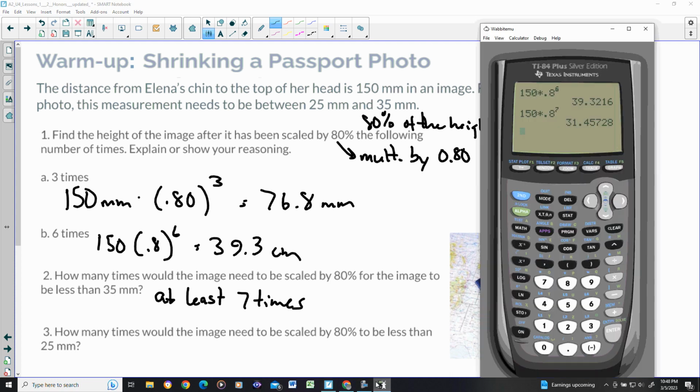Well, let's keep doing this and let's see what happens. If I do 8, 25.16. Ooh, so close, but that's still above 25. So we're going to do 9 times.